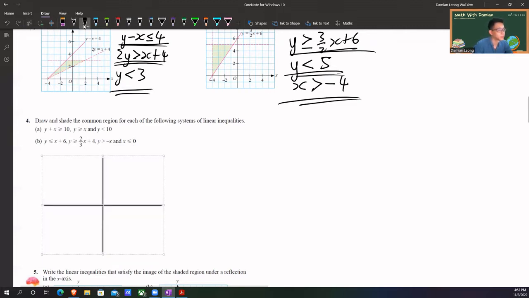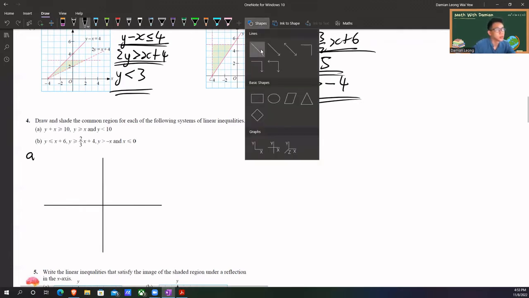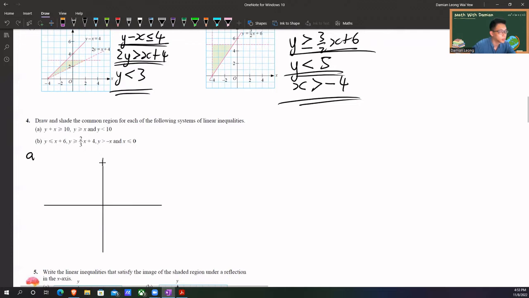This is for part A. So one straight line that will be basically like this, where it's 10 here and 10 here. Then y equals to x will basically be a diagonal line where your x and y are the same.